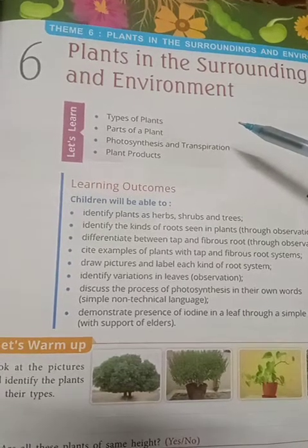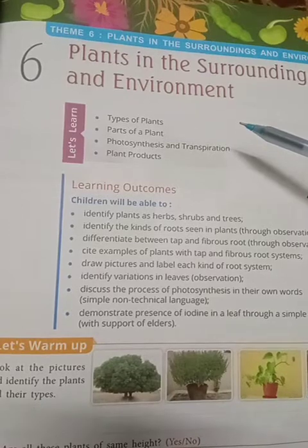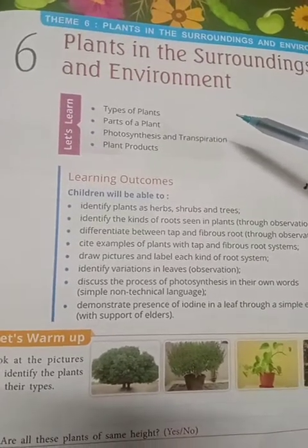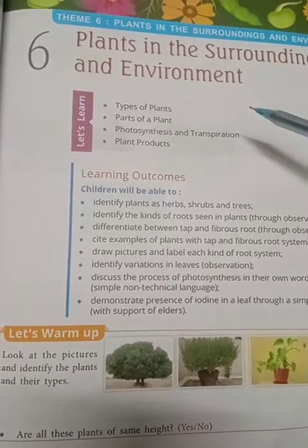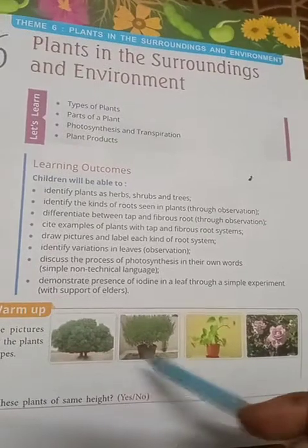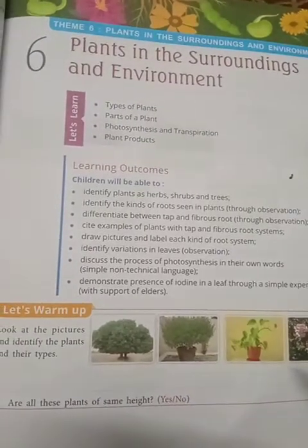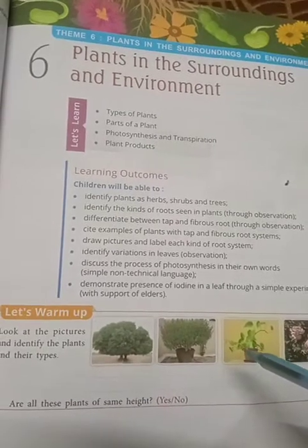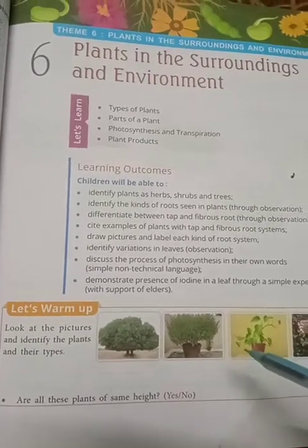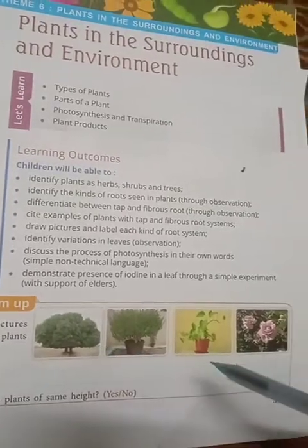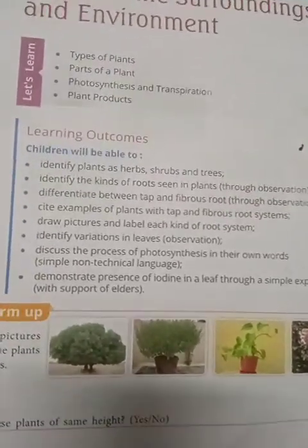In the fourth and fifth lessons, we studied the adaptations in plants. In our environment there are different plants. Look at these pictures and identify the plants and their types.